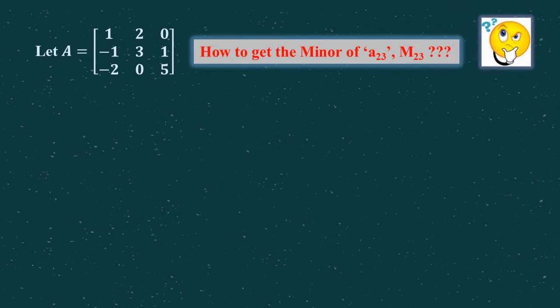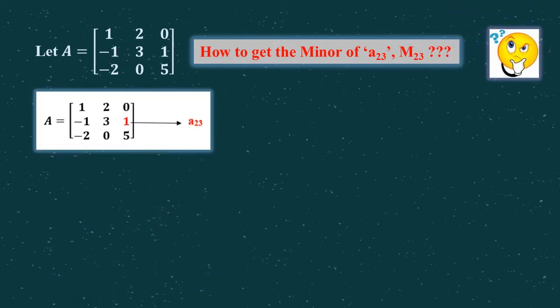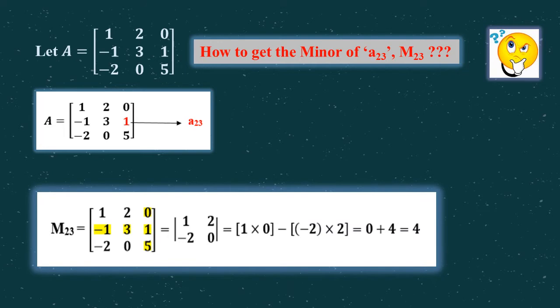How will you get it? Now, what is a23 of this matrix? a23 means the element at the intersection of the second row and third column. See the red element, that is 1, that is a23.